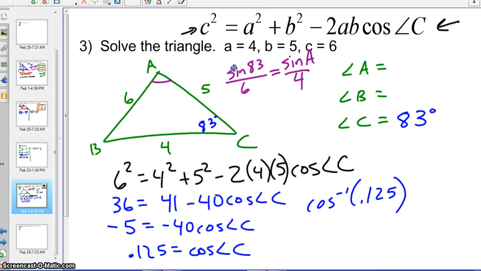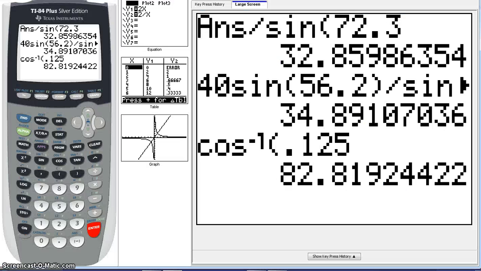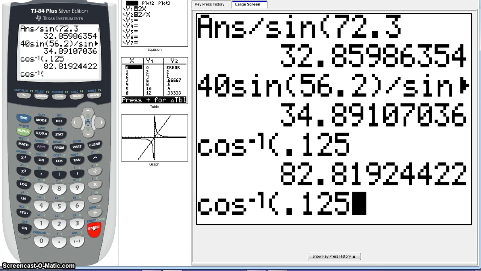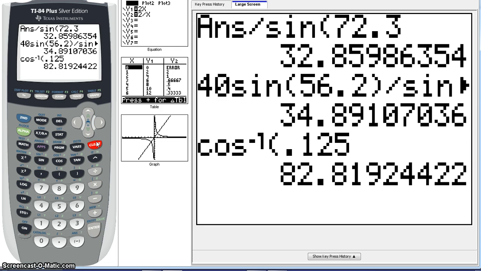Now, when we actually type it in, we don't want to use 83. We want to use the number that is on our calculator. So we're going to take 4 times the sine of our previous answer, which is second answer.